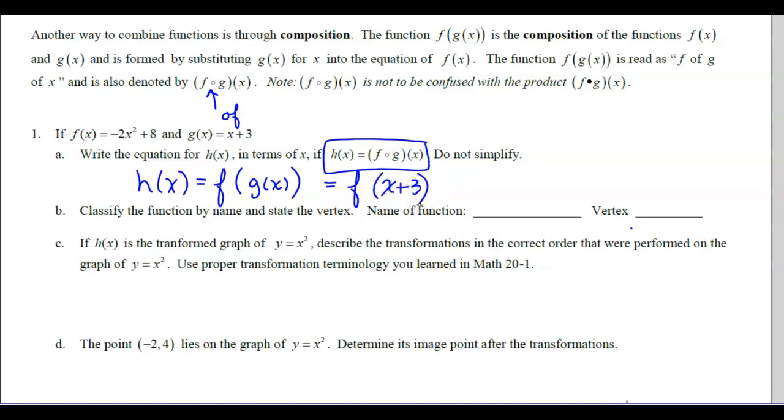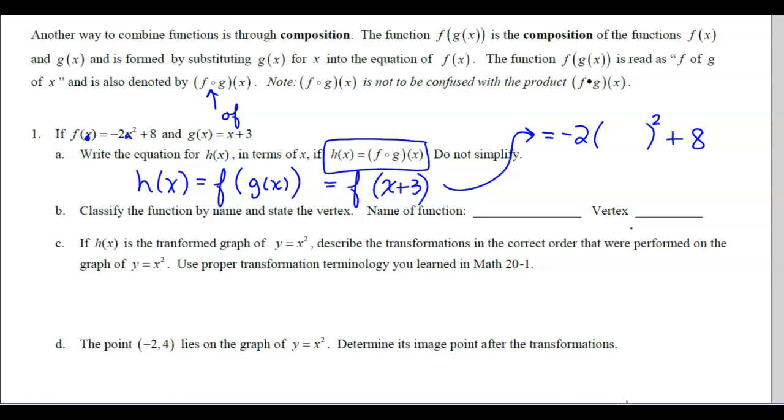f of x plus 3, okay? Still not done, because now I actually have to substitute that in. So we did some practice like this yesterday. We had a function and we substituted an expression in. So now in f, where are my x's? There's just one. So I'm going to put in a bracket where there's an x here. And now I'm replacing this with x plus 3, right?